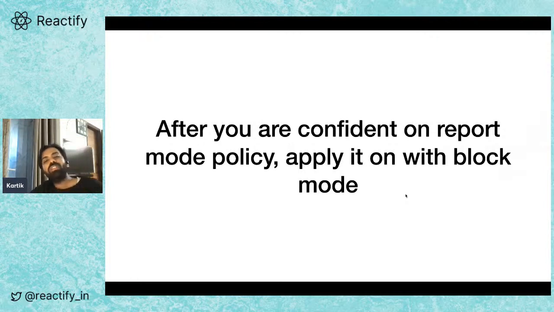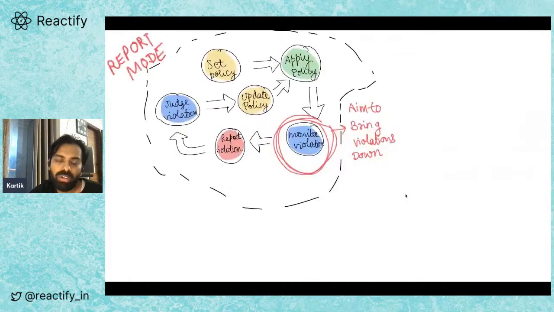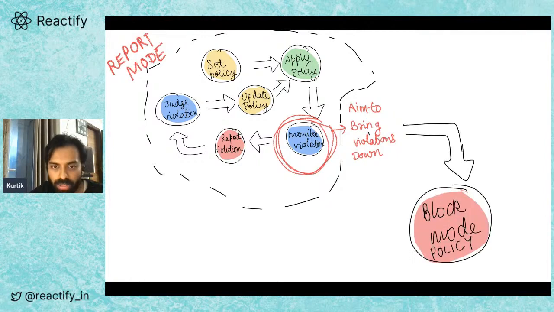And once you're confident enough with your report mode policy, you can apply it with the block mode. And so this was what we were doing in the report mode earlier. And in addition to this, now in the block mode, after you are done monitoring and creating a good security policy, you can apply the block mode policy.